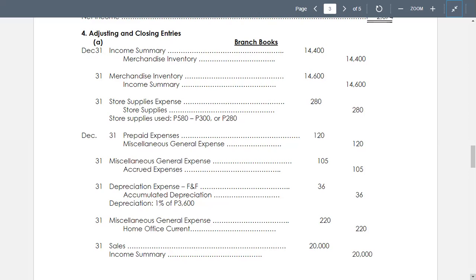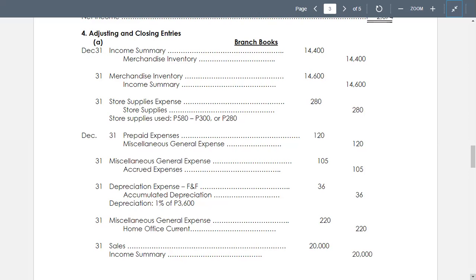Then for the accrued expenses, debit, miscellaneous general expense, home office, 260, and branch, 105. Depreciation of furniture and fixtures is recorded at 1% a month, so 1% based on the cost.